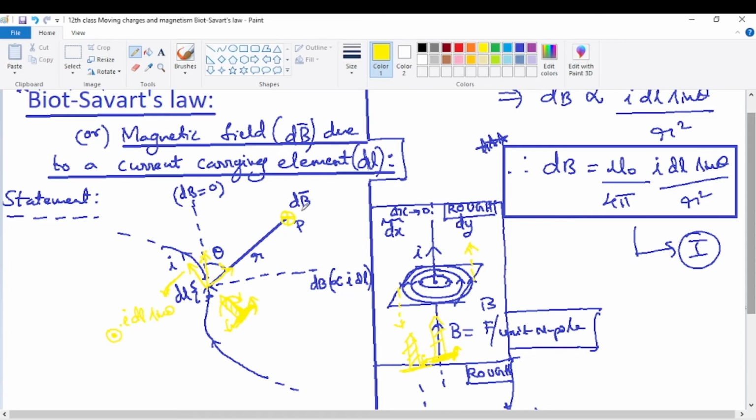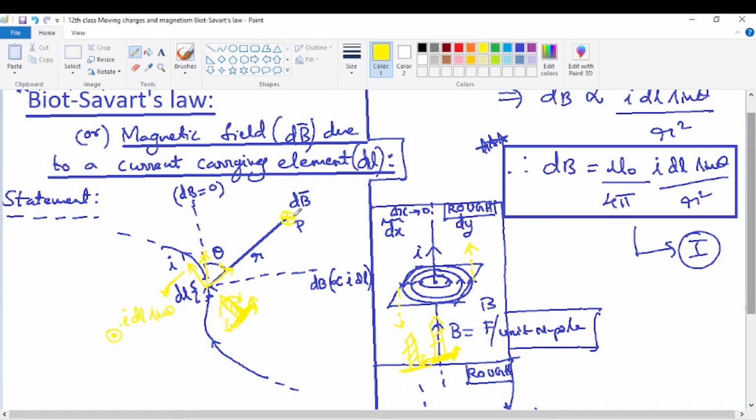So dB bar is a vector whose direction is perpendicular to the plane containing dl bar and r bar, as given by the right hand corkscrew rule, or even the right hand thumb rule. The right hand thumb rule is more difficult to draw, so I'm not drawing it, but the same thing can be applied here. One method is sufficient: with the right hand corkscrew rule we are getting the answer. So this is the direction of the magnetic induction.